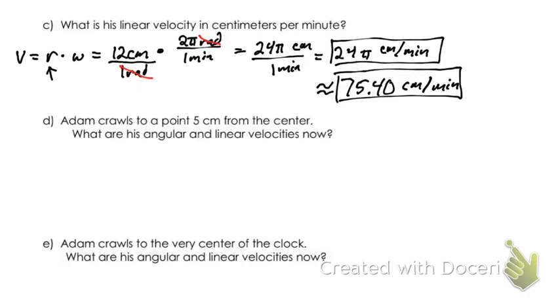And if I needed to use that 75.4 in another problem, I'd probably use the exact 24 pi. So if I was just giving an answer, I would most likely round it. I would read the directions first, and then I'd probably round it, because usually we give things in centimeters and decimals, not in pi. If I needed to use it in part of another equation, I'd probably stick with the exact form. So there's no 100% guarantee this is what I want every single time. Look at the directions.